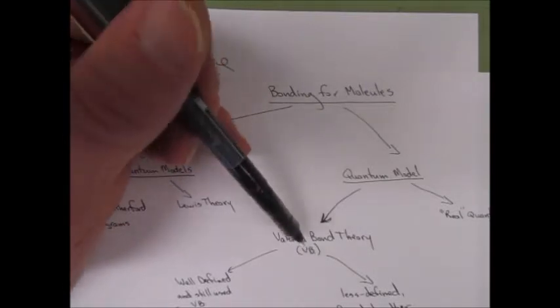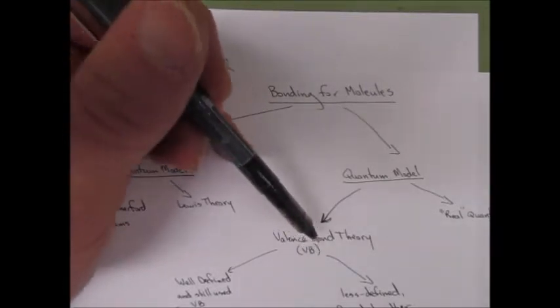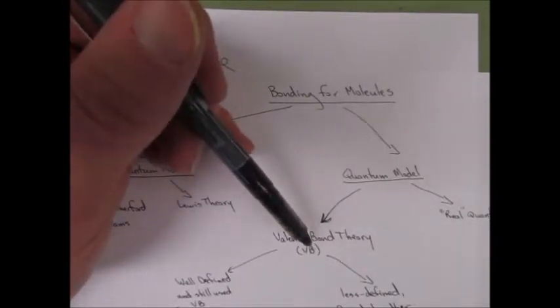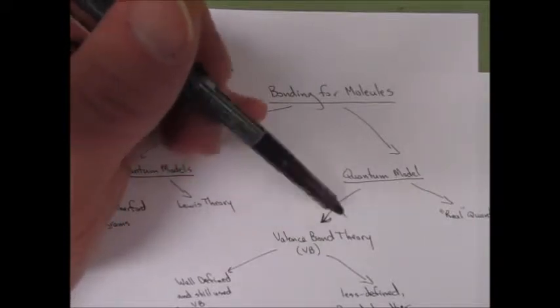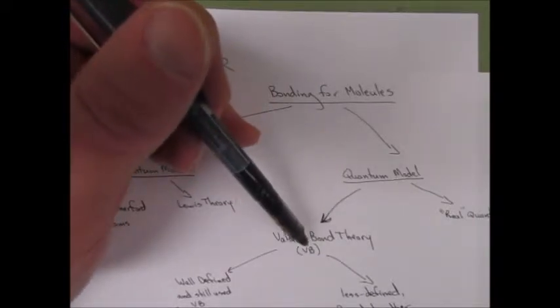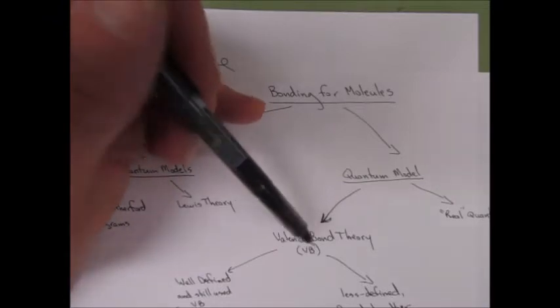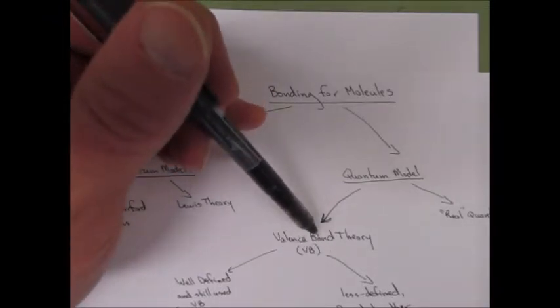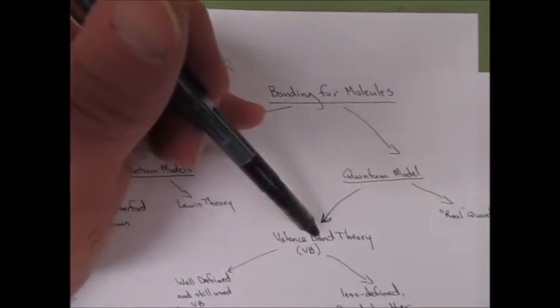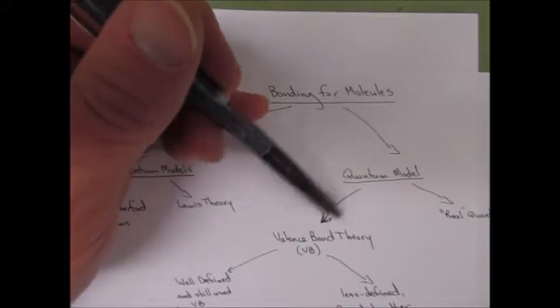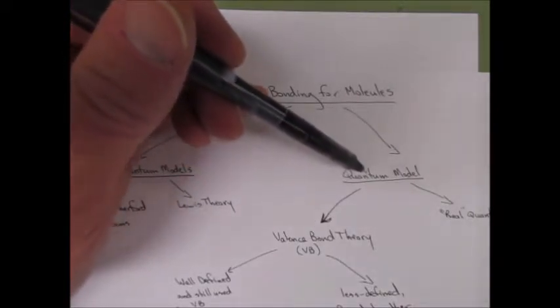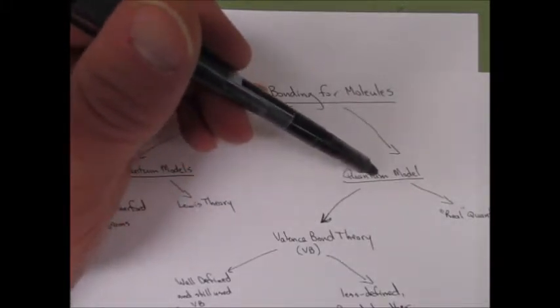You reconfigure, hybridize, so you're getting a new atomic orbital, a hybrid orbital, and then the two atoms overlap electron density. So all I'm trying to say here is this is built off of atomic orbitals and atomic orbital overlap, which is clear as day very much related to the quantum model of the atom itself.